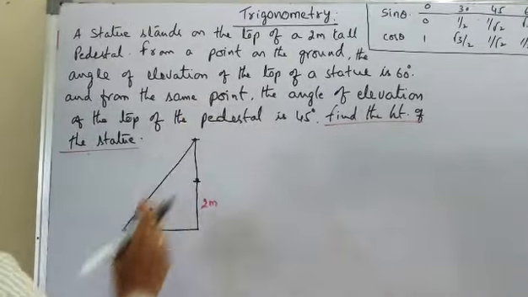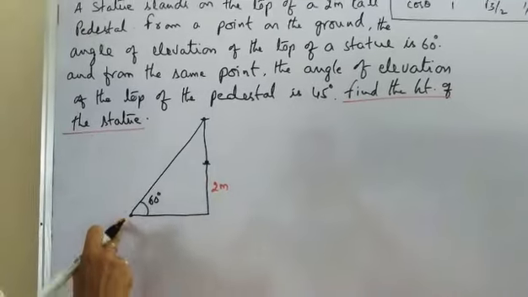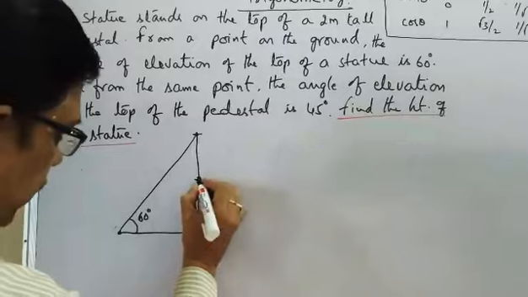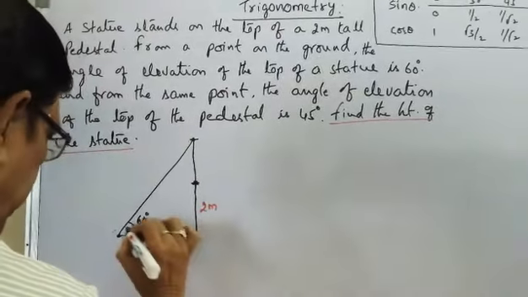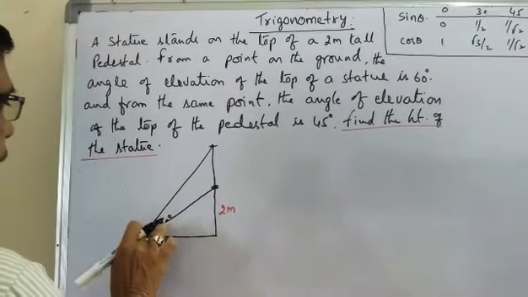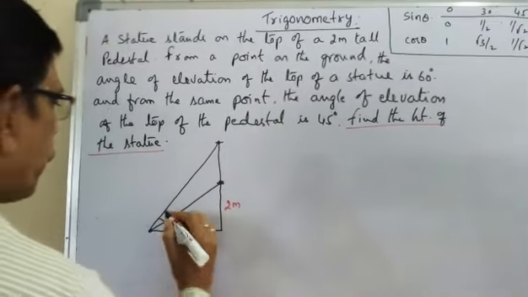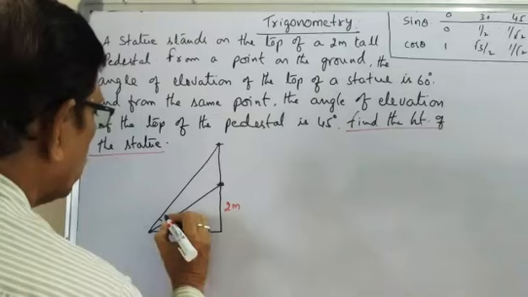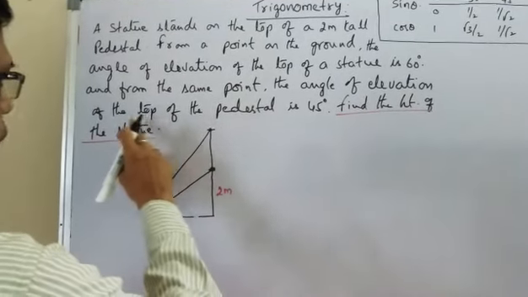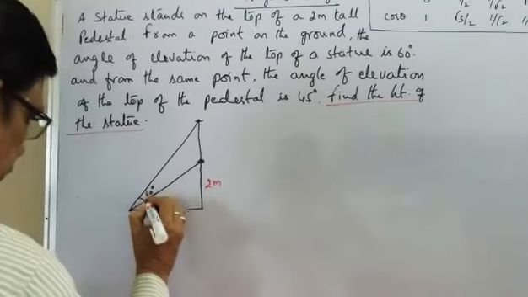And from the same point, that means from here only, the angle of elevation of the top of the pedestal, top of the pedestal means this point we need to take, is 45 degrees.